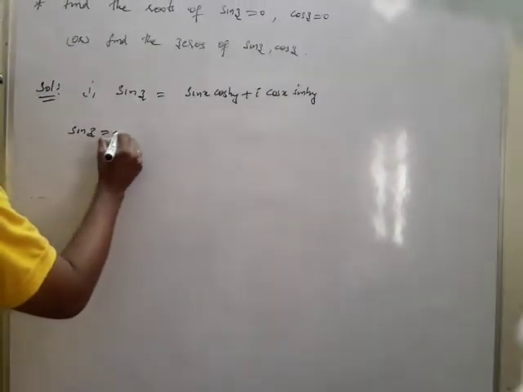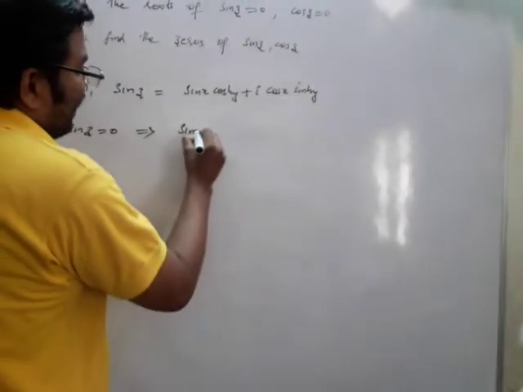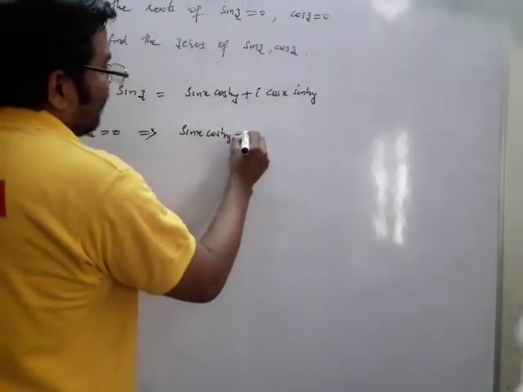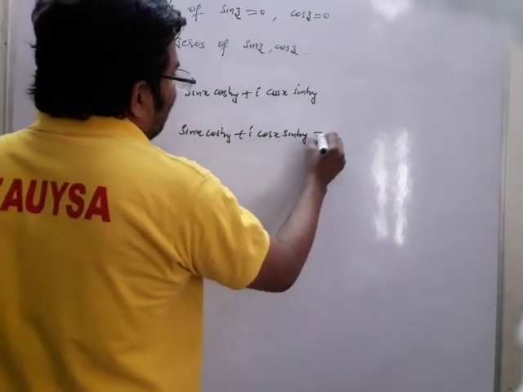Now what he has given is sine z equal to 0. Therefore sin x cos hy plus i cos x sin hy equal to 0.